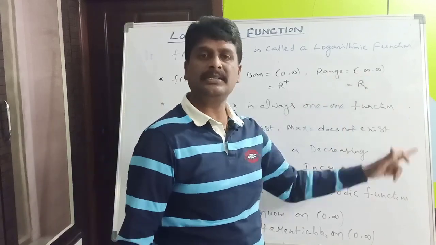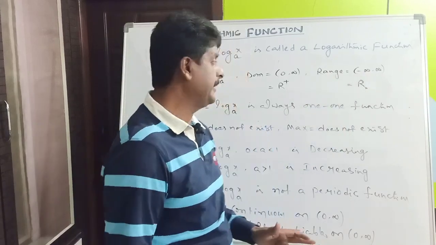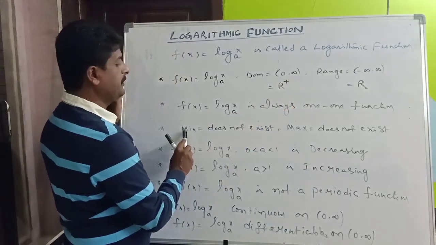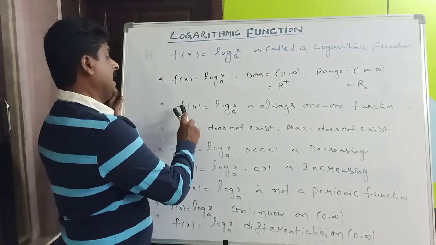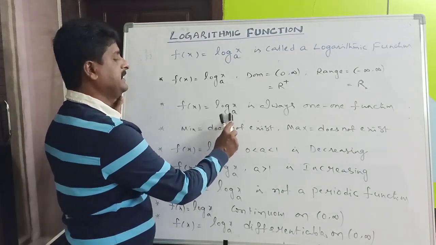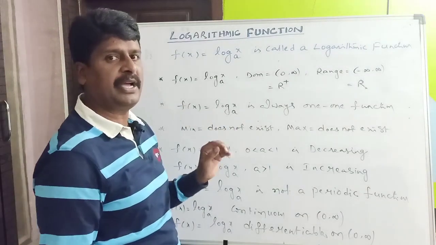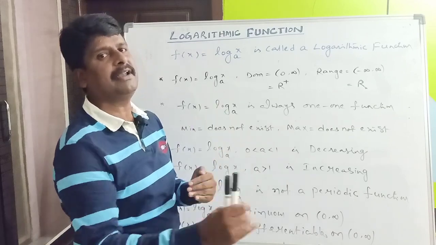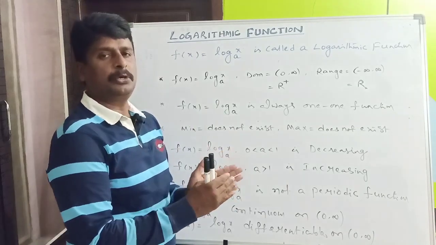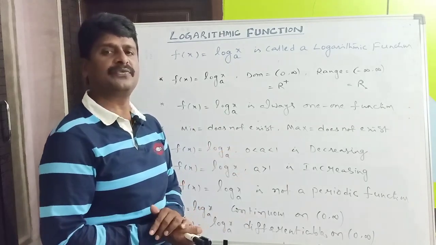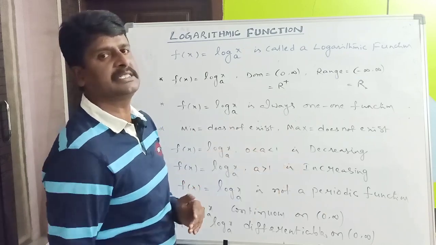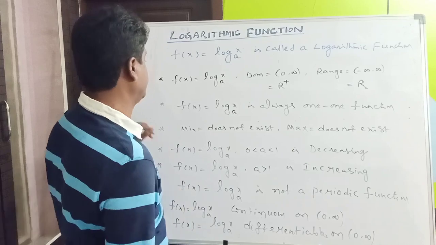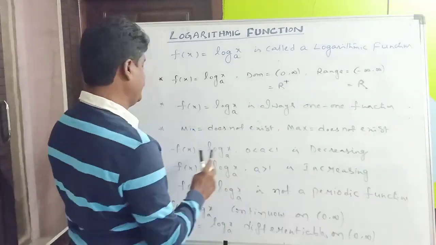That's why the range is minus infinity to plus infinity, so that the minimum value does not exist and the maximum value does not exist. Depending upon the base value, it is either decreasing or increasing. For 0 less than a less than 1, it is a decreasing function. For a greater than 1, it is always an increasing function. Of course, we have already seen that. That's why it is a one-one function.